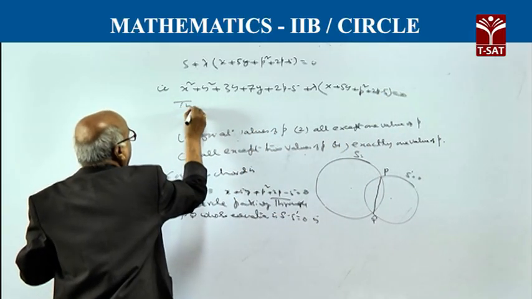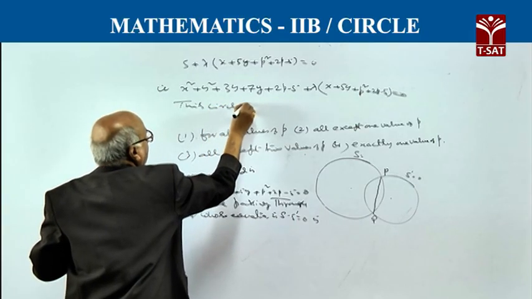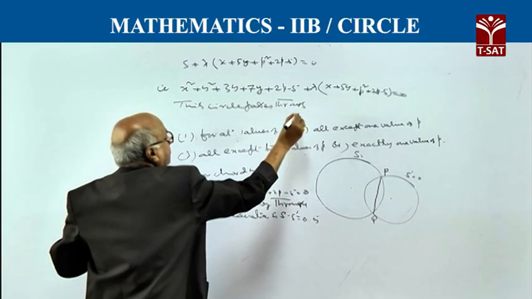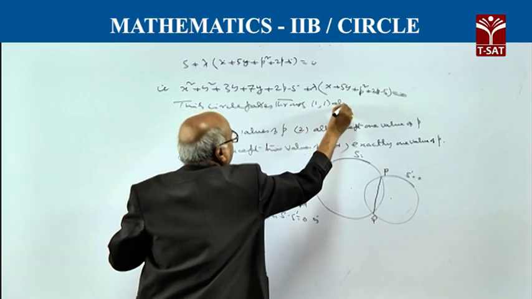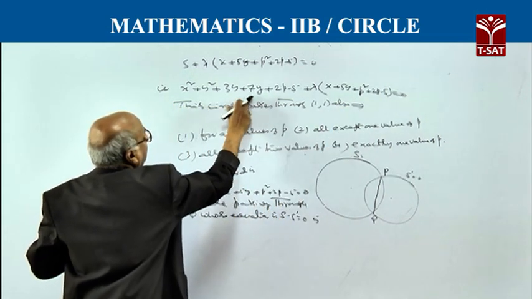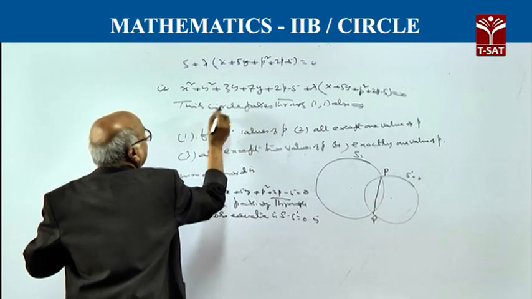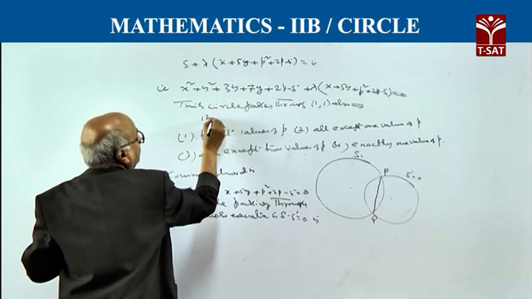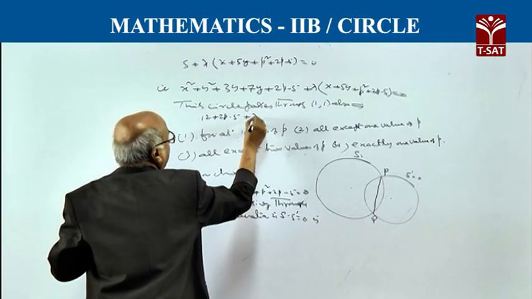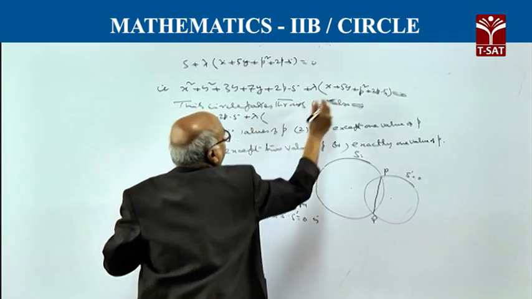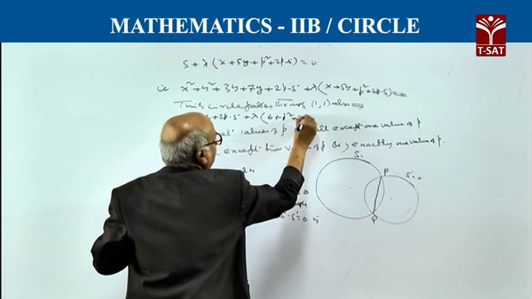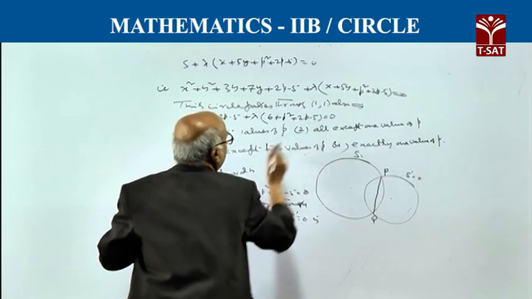Now, this circle passes through (1, 1) also. That implies 1 plus 1 is 2, plus 3 is 5, plus 7 is 12, plus 2p minus 5, plus lambda into (6 plus p square plus 2p minus 5) is equal to 0.